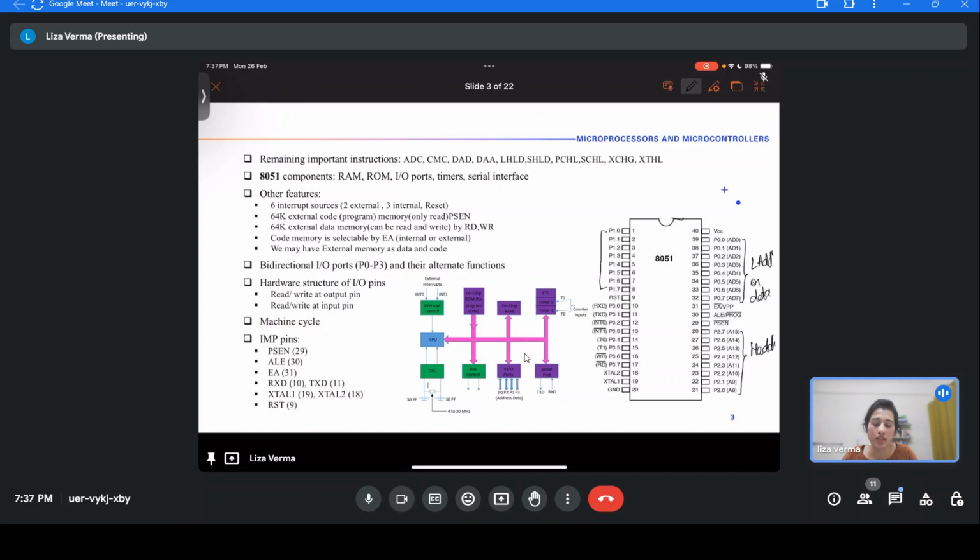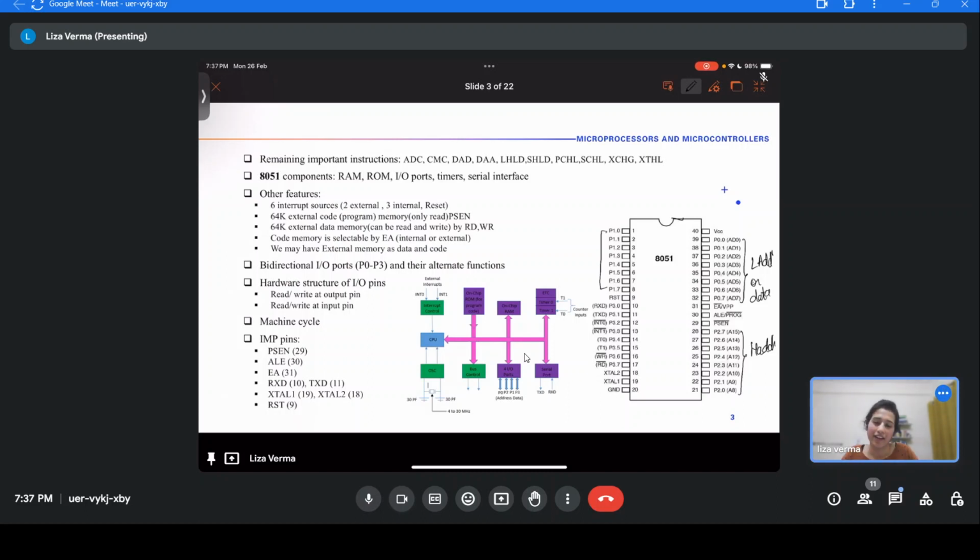Only the external memory is 64 KB, so it requires a 16-bit address for the external memory, not the internal memory. Right? So that's the confusion there.